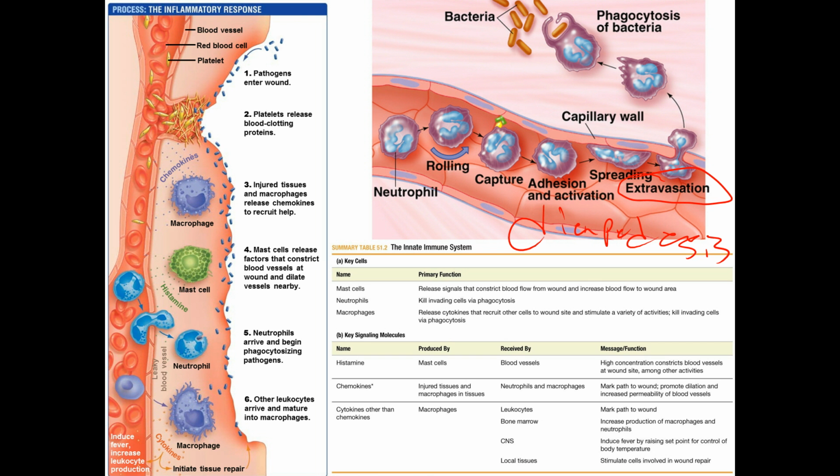Once they have come into contact with the foreign cells, they're going to re-enter the vasculature and move onward to your lymph nodes, where you're going to have a process of antigen presentation, because those antigens are presented on MHC complexes to your T cells.